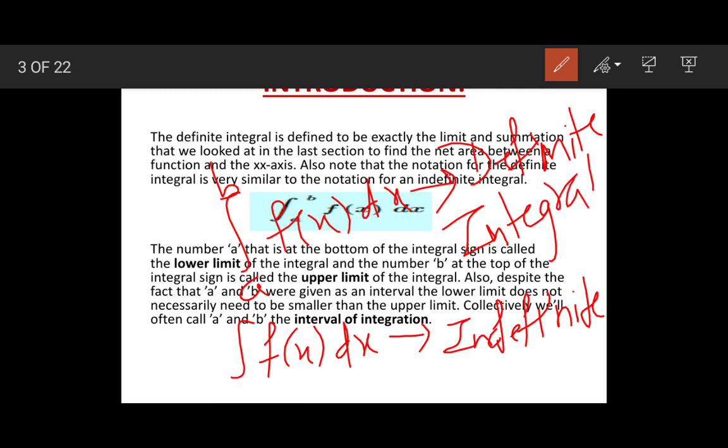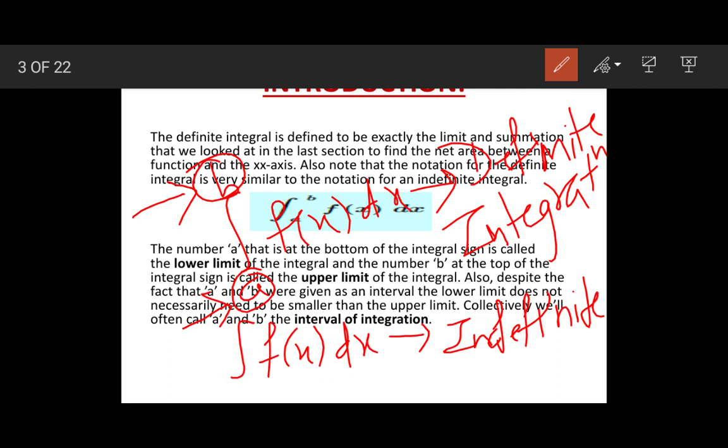Then second thing, a and b are known as the limits of integration or the interval of integration. Then third thing, a is the lower limit of integration and b is the upper limit of integration.